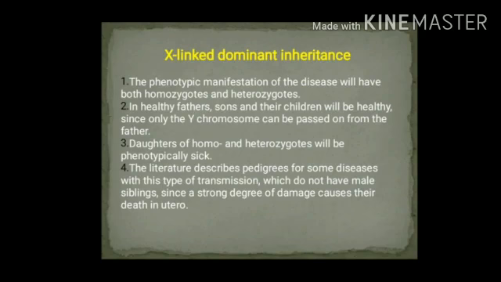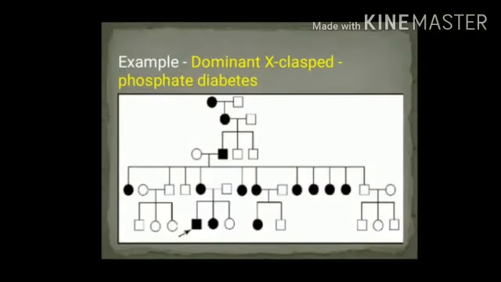Daughters, homozygous and heterozygous, will be phenotypically sick. The literature describes pedigrees for some diseases with this type of transmission which have no male siblings, since a strong degree of damage causes their death in utero. In this slide, you can see the characteristic signs of a dominant X-linked disease.